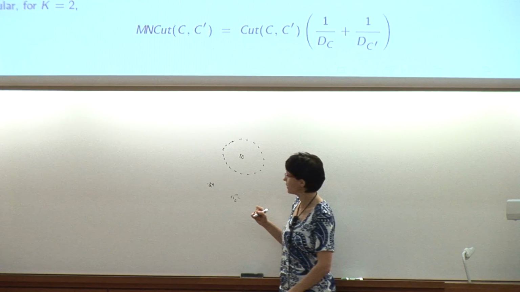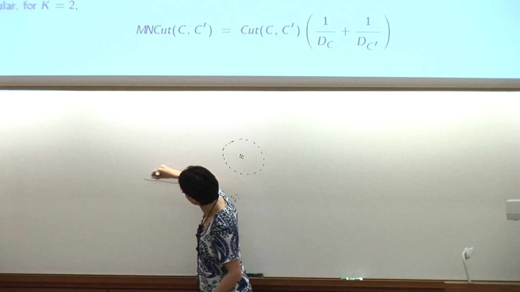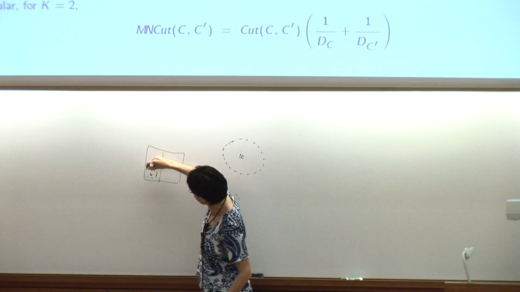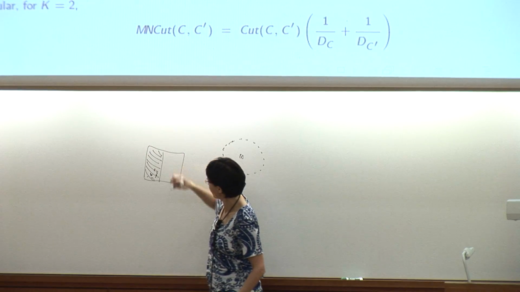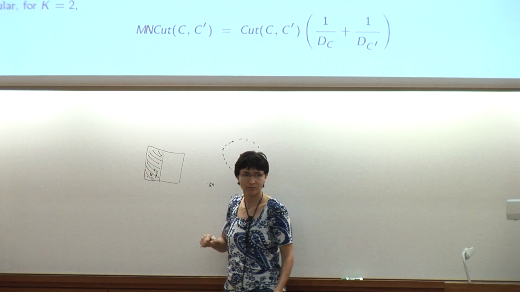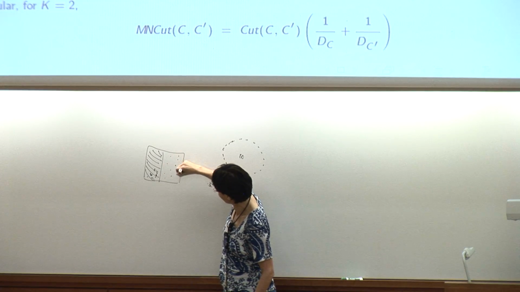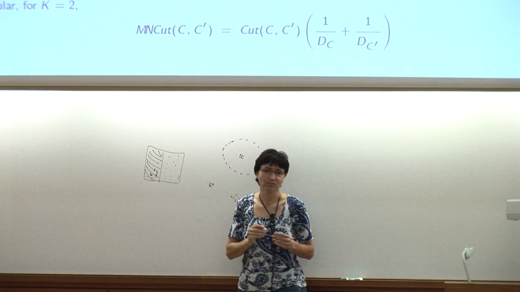Moreover, there is an example that's even trickier. Suppose I have an area where here I have points that are extremely dense, and here I have points that are sparse but sort of regular.